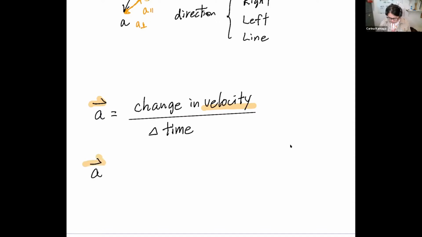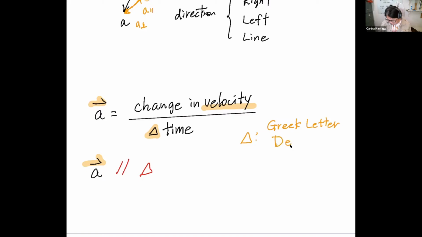So the acceleration is parallel to change in, oh, I'm sorry, I keep writing this thing without really saying it. So here, this delta, this thing is called the Greek letter delta, which looks like a triangle.